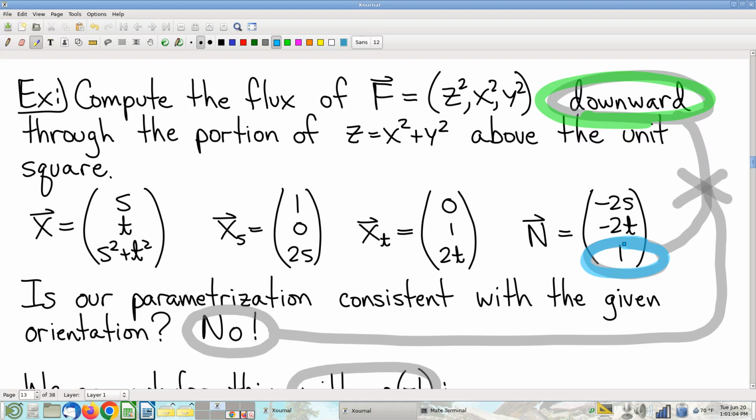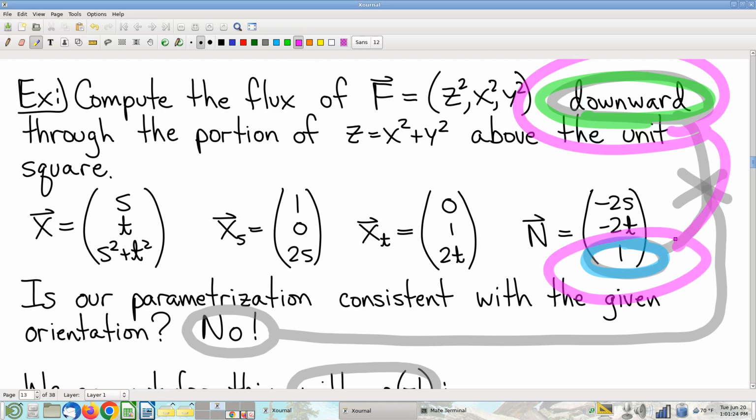Now, what is the relevant part of the capital N vector? It depends on the verbiage being used to describe the orientation, and there's different examples, and we're going to talk about some other examples later. But I make the case right now that if you want to decide if your normal vector is pointing upward or downward, you would tell that by looking at the third component, the z component, as to whether it's positive or negative.